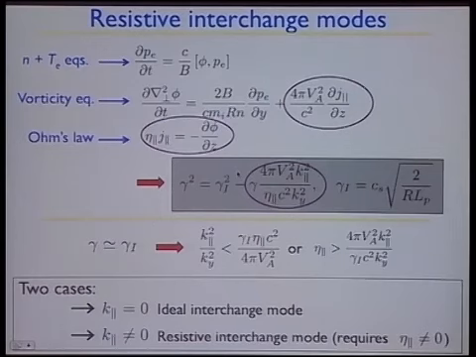So there are two cases here. One is the case that we have considered before, k parallel equal to 0, which can exist whenever, does not require any resistivity, and whose growth rate is always equal to the ideal interchange growth rate. And then there is the k parallel different from 0 instability, which actually requires a finite resistivity.